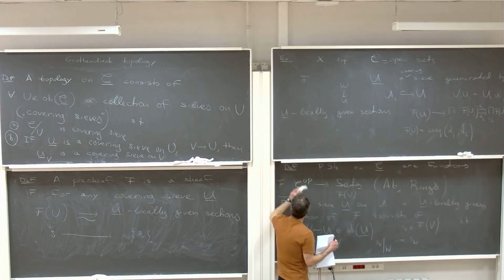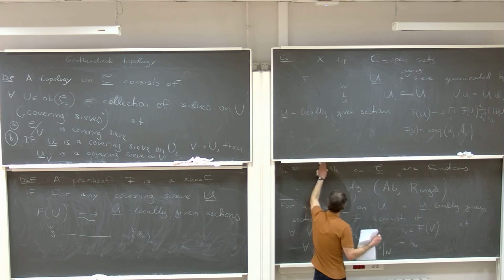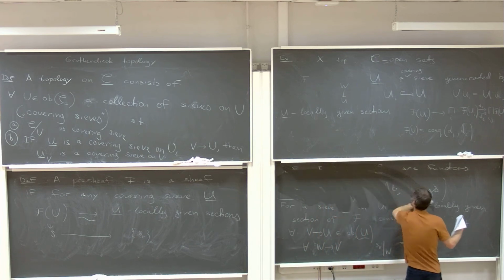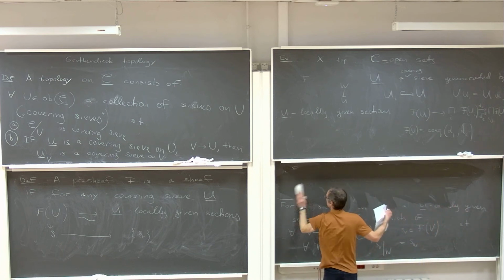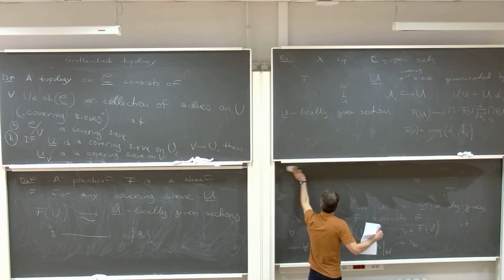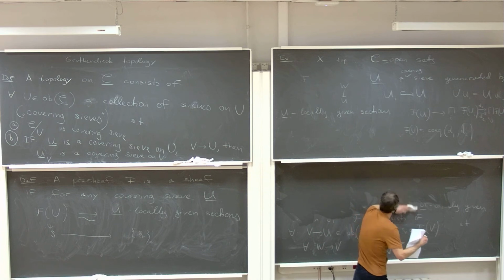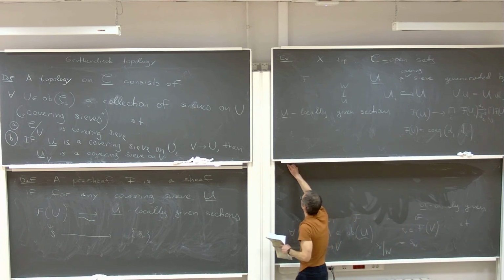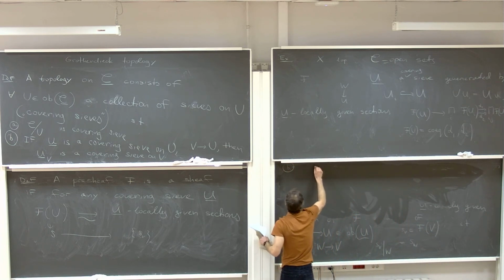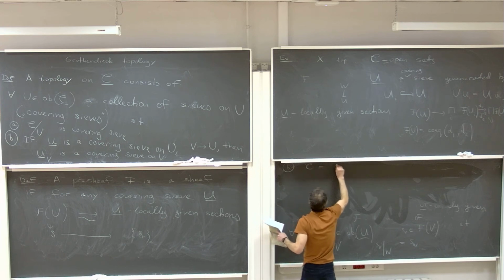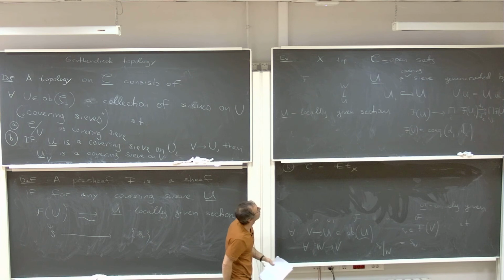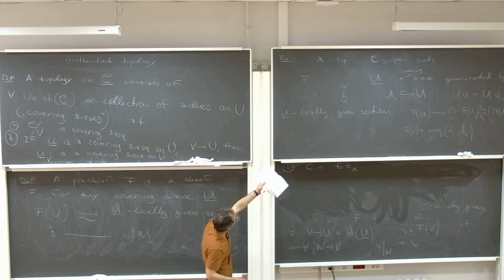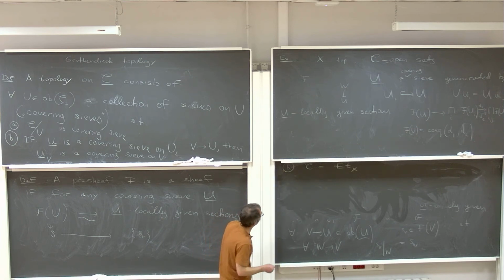Okay, so maybe another example. We'll finish. In this case, when our C is the category of étale covers of X, what does it mean that a presheaf is a sheaf?